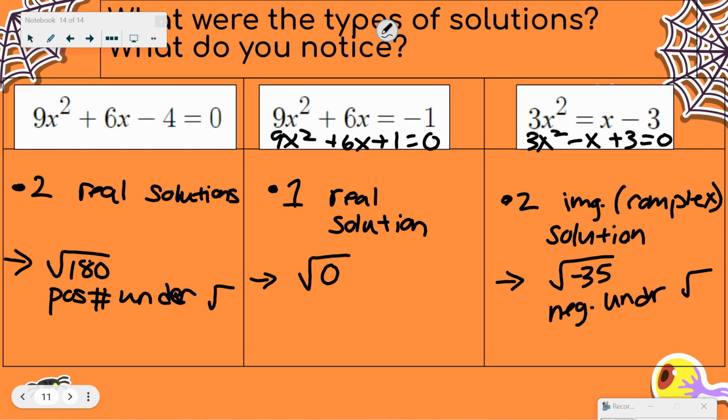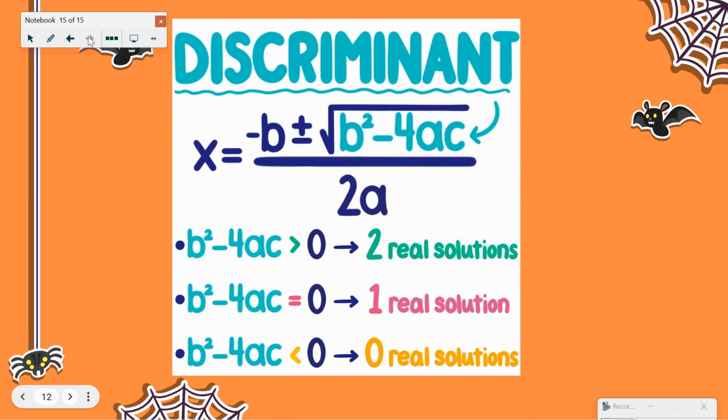So all of these tell us about the solution types when we are looking underneath the square root. What's underneath our square root is b squared minus 4ac, which is this idea called the discriminant. Your discriminant tells you about the nature and what your solution types will be.